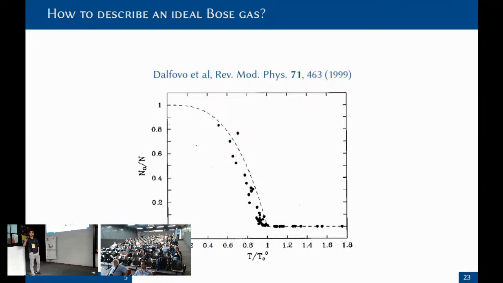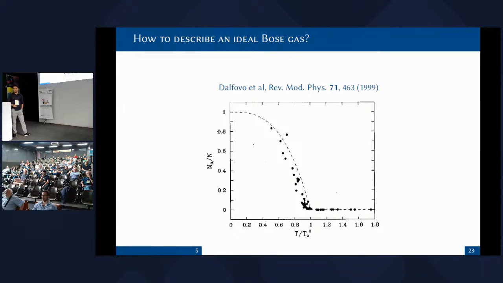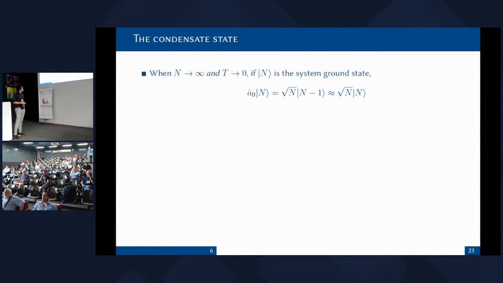But the point is that they are similar. So there's already an indication. Here I'm showing a now old experimental picture showing the good agreement of that theoretical prediction with the experimental data. Okay, that's it.